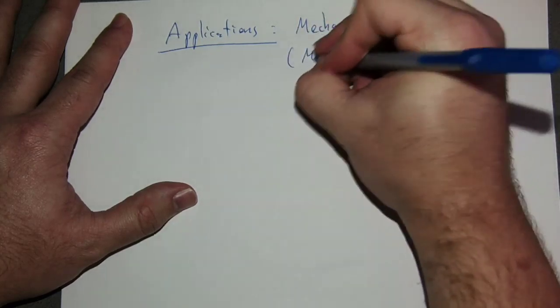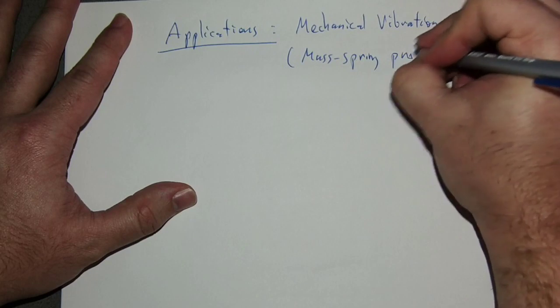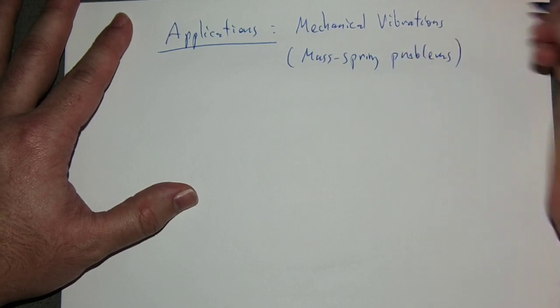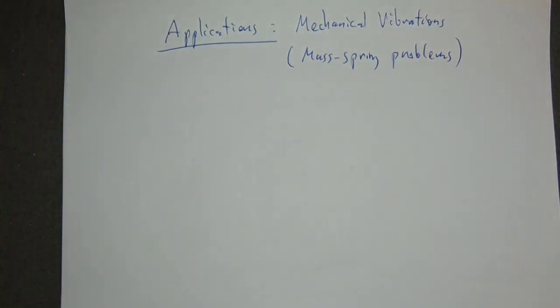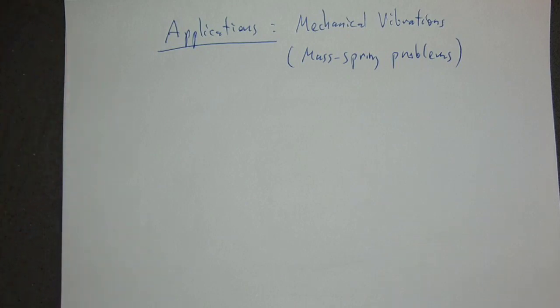Which is going to be entirely mass spring problems for us. Oh, it's spring mass is how it's said in the book. That's fine. So what is the idea here?